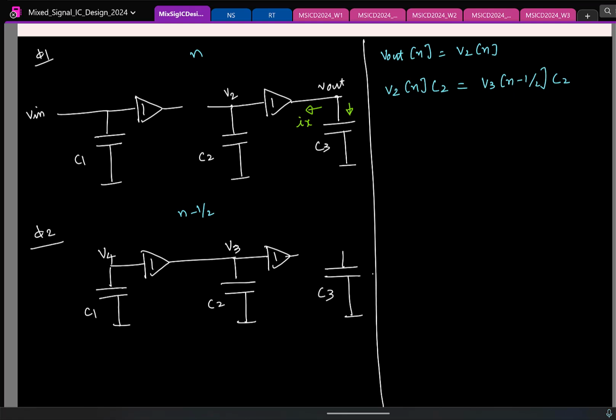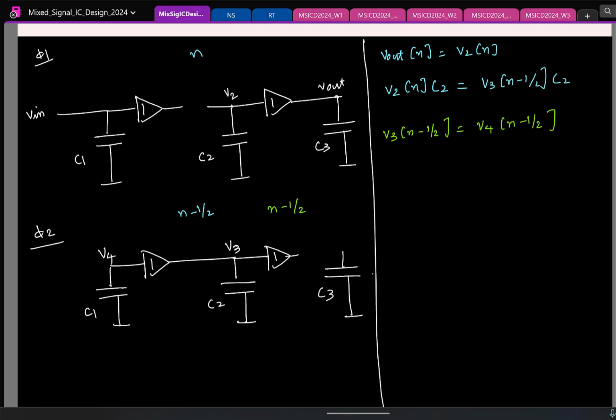So which circuit will I now look at? This is the circuit I should be looking at, clear? So I'm interested in n minus half. Erase all this. And where will I apply charge conservation now? Can I apply here? Again, you have the same issue. And you already know V3 of n minus half is equal to what? That's all. Great. So now you have to find V4 of n minus half.